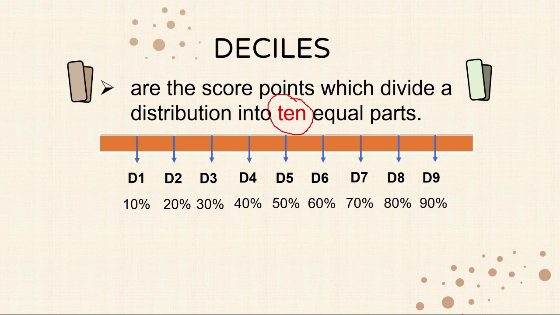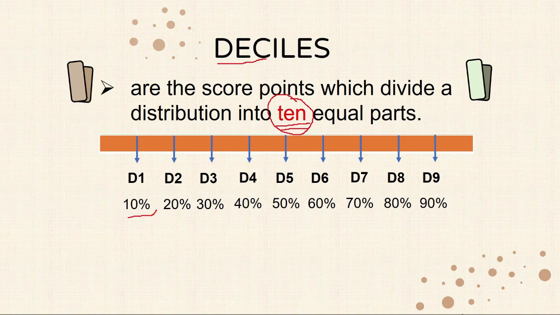Now, deciles divide a distribution into 10 equal parts, each part consisting of 10% of the distribution. To easily remember the meaning of deciles, look for the keyword dec. It came from the Greek word deca, which means 10.